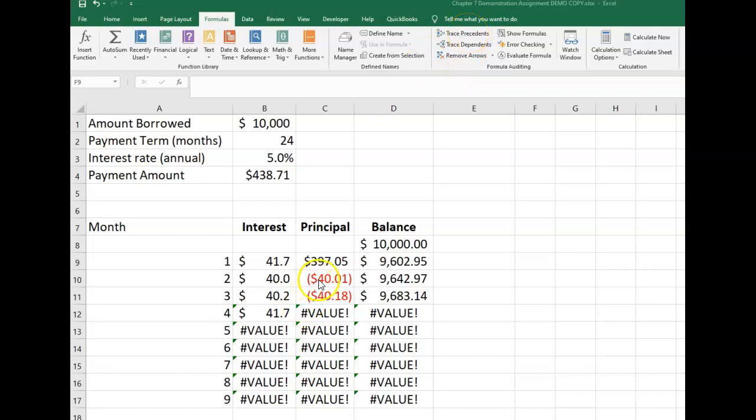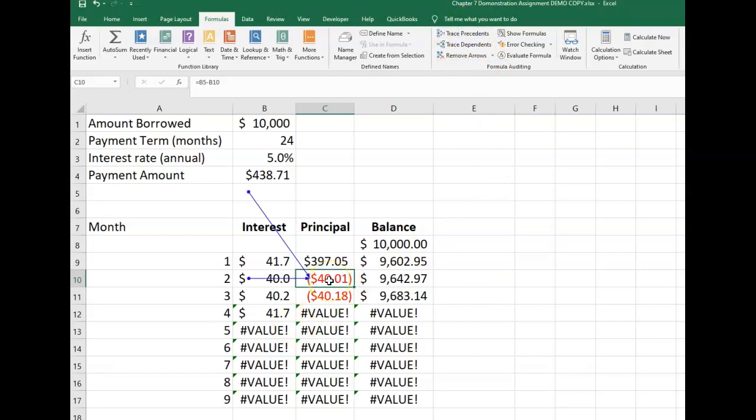Now, obviously, there's a problem here, starting with C10. Something went terribly wrong with this worksheet. So let's find out what our precedents are for C10 by simply highlighting that cell and clicking Trace Precedents.